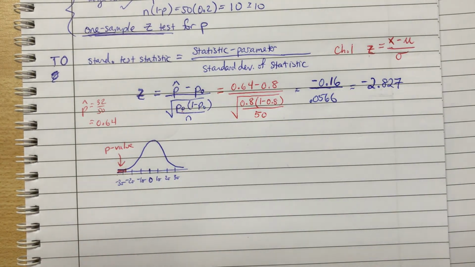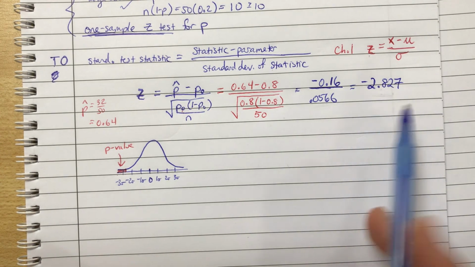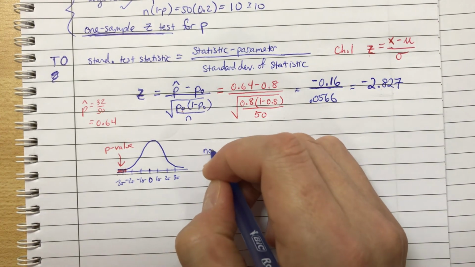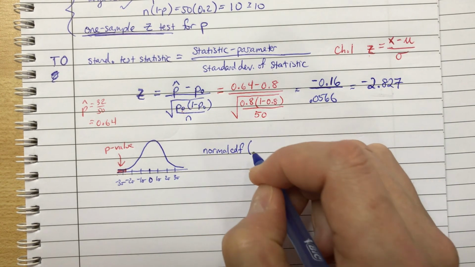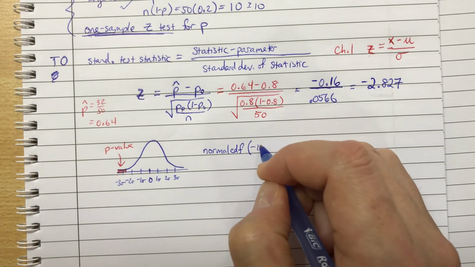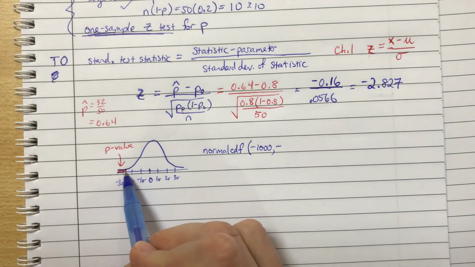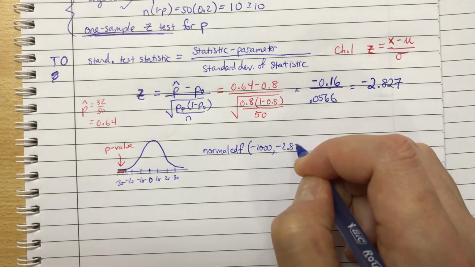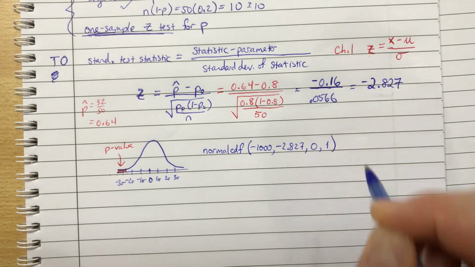Now you can use a z-score table since we actually found the z-score, but you could also just say, hey, let's use normal CDF. Our lower bound, I'm going to say, is negative 1,000. The upper bound is negative 2.827, where the mean is 0 and the standard deviation is 1.